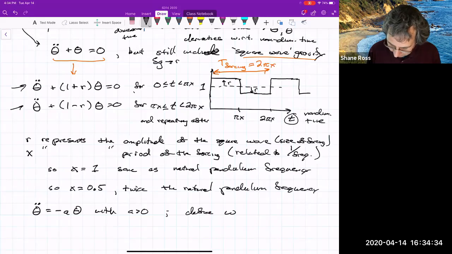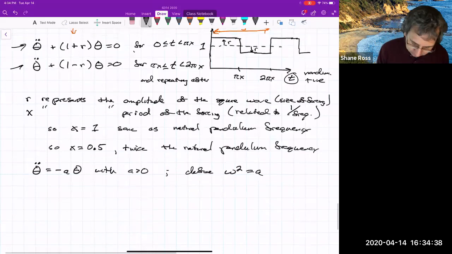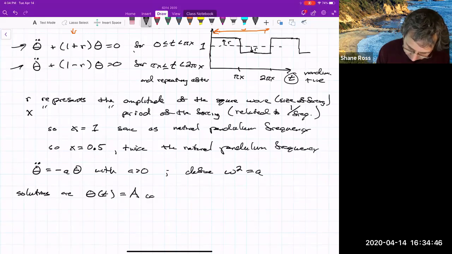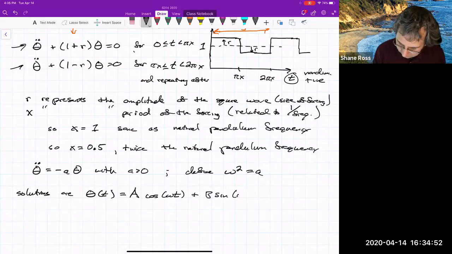We define omega squared as a, and then solutions are theta as a function of time is capital A cosine omega t plus b sine omega t.